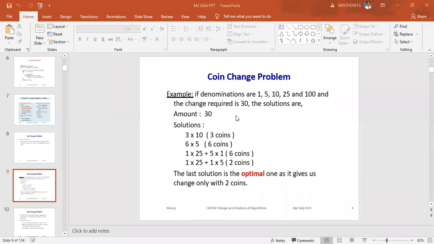If the denomination is 1, how many coins do you require for change of 30? You require 30 coins. It is not the fewest number; 30 coins is very much.